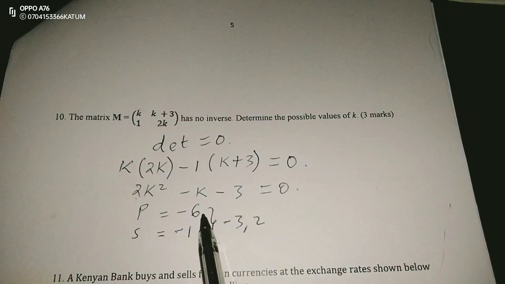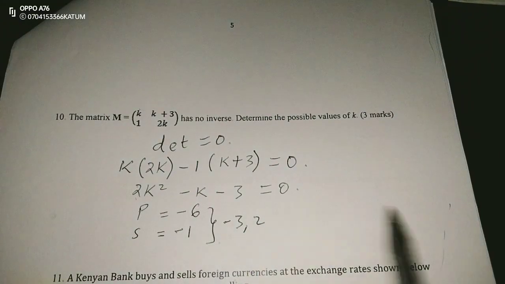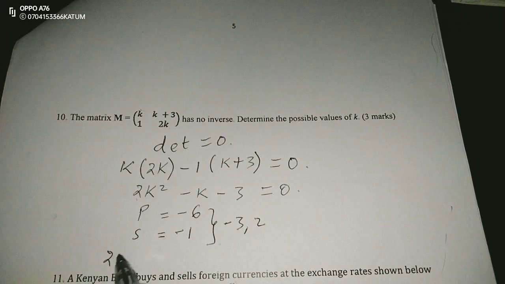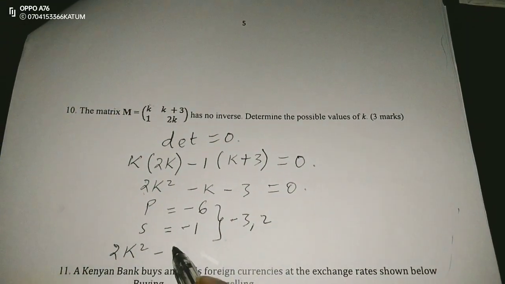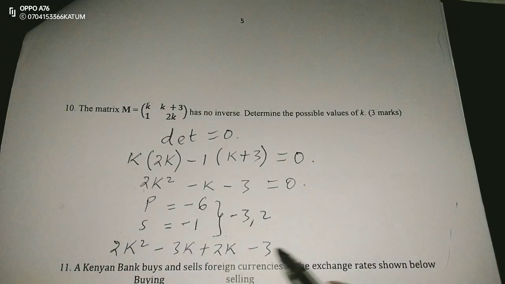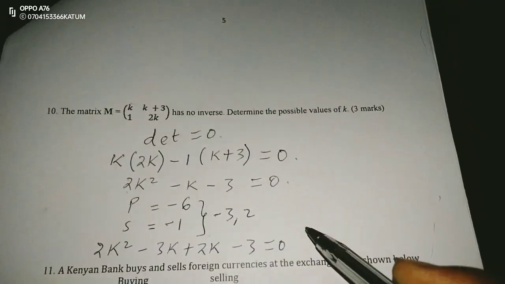When multiplied, -6. When added, -1. So now we re-express this equation such that we have 2K squared minus 3K plus 2K minus 3 equals 0.